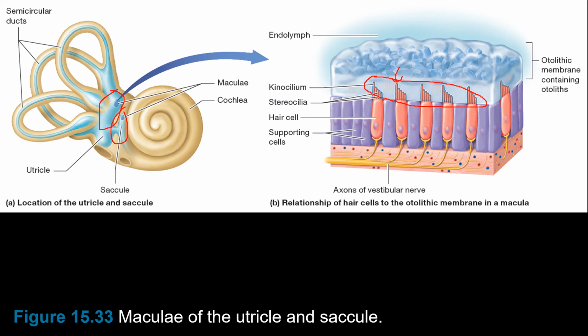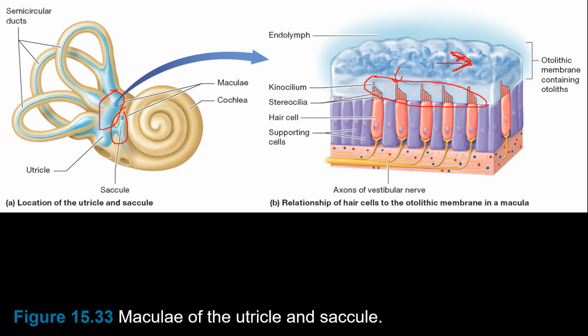If this person's head tilts to the right, okay, that is an arrow to the right, I promise, then those stereocilia are bending away from the kinocilium, and so that means that the glutamate release is going to be lessened, and so that is a hair cell hyperpolarization, and so they release less glutamate.